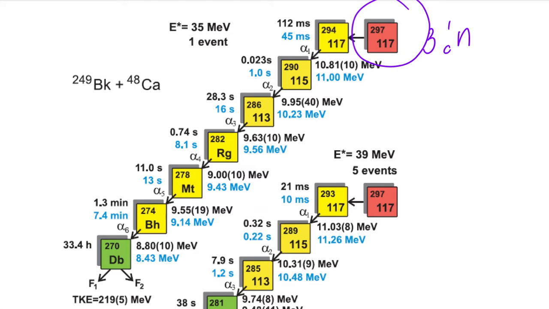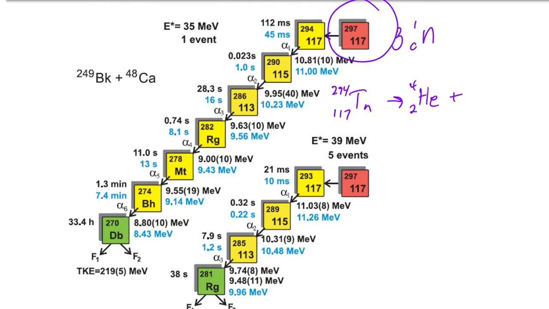And then from there, we have several alpha decays to get down to element Db, which is dubnium. So the first alpha decay, from tennessine-294, which is 117: again, alpha decay, we lose an alpha particle, and we produce element 115.